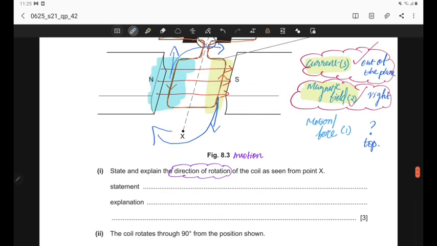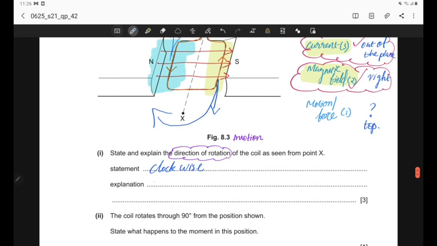Therefore, here we can write, state and explain the direction of the rotation of the coil as seen from pivot X, and we have seen the coil will rotate in clockwise direction. In the statement we can write clockwise direction and then the explanation.